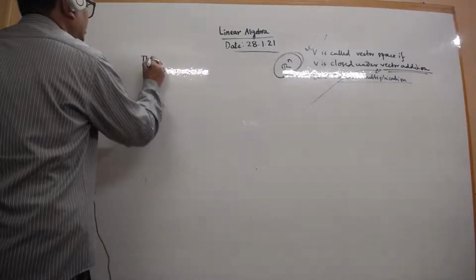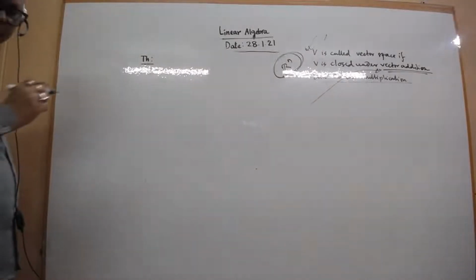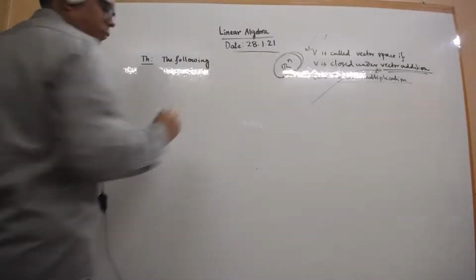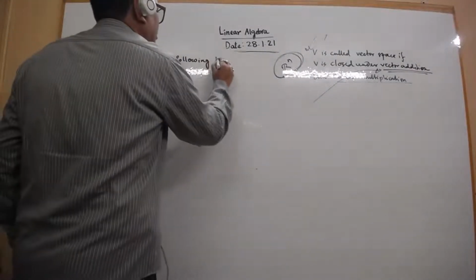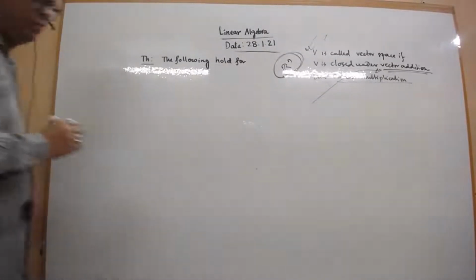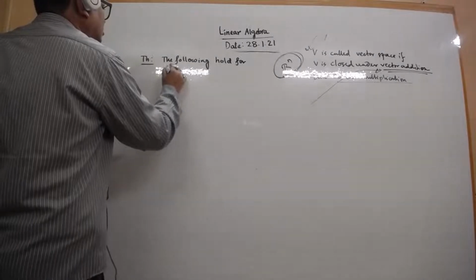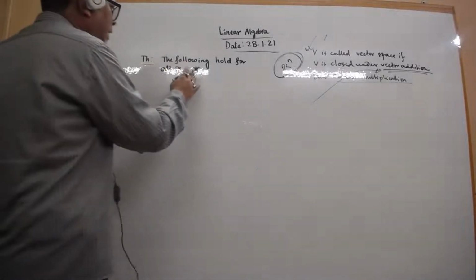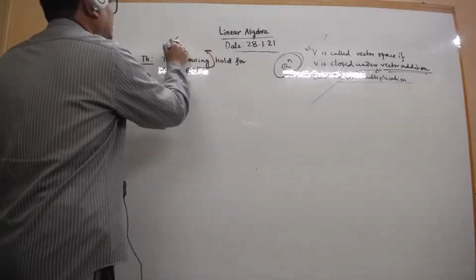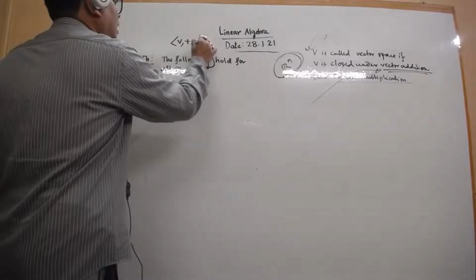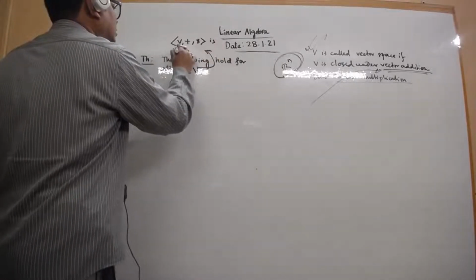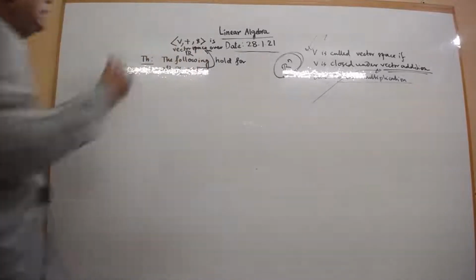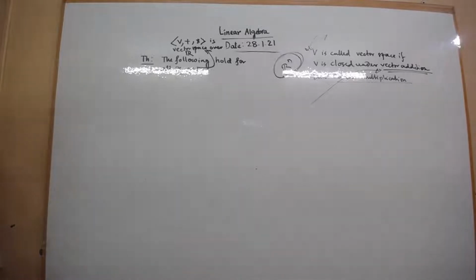Here, the following holds for all x belonging to V. V is a vector space, and if I say V is a vector space, this means V with plus and star is a vector space over R, which satisfies all 10 axioms which I already mentioned.